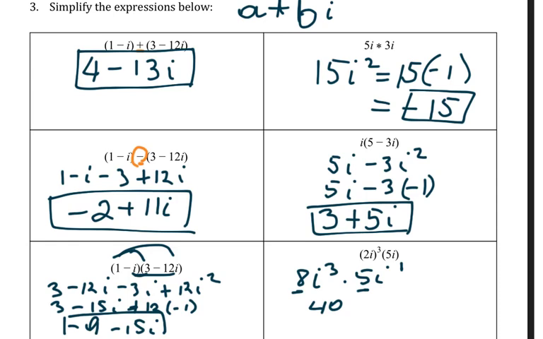And then I have i to the third times i to the first. I'm going to keep the base and add exponents. I know that i to the fourth is just 1, so now I have 40 times 1, which equals 40. And that's the answer.